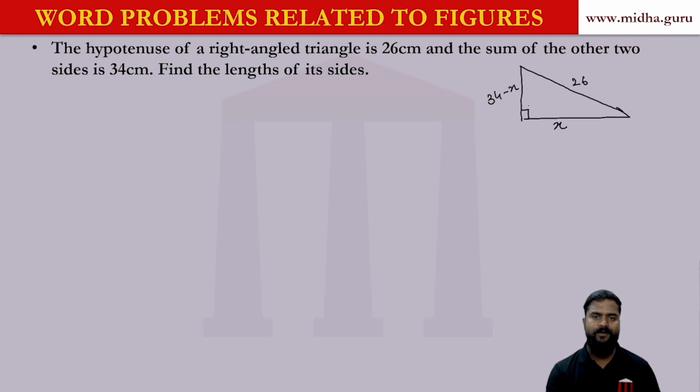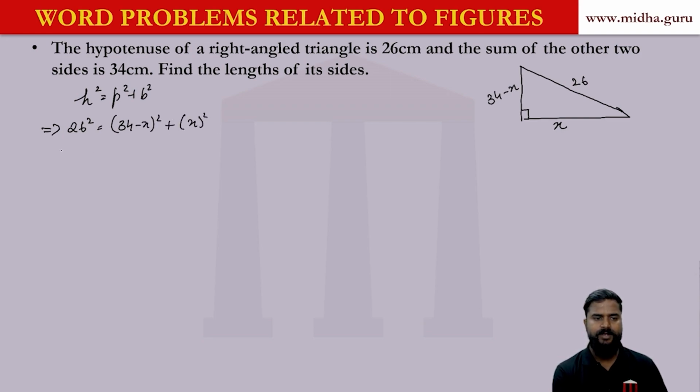Now what do we do? We apply Pythagoras theorem. It says h square is equal to p square plus b square. We know the hypotenuse is 26. So 26 squared is equal to 34 minus x squared plus x squared.